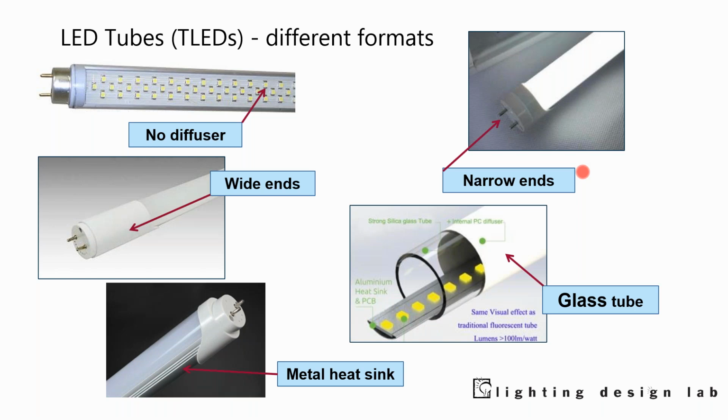And the reason we see glass is because glass is cheaper. But it also takes away one of the nice advantages of the tubes, which is that they are less fragile. They don't break. So now we have glass, we're back to the old fluorescent breaking tubes.